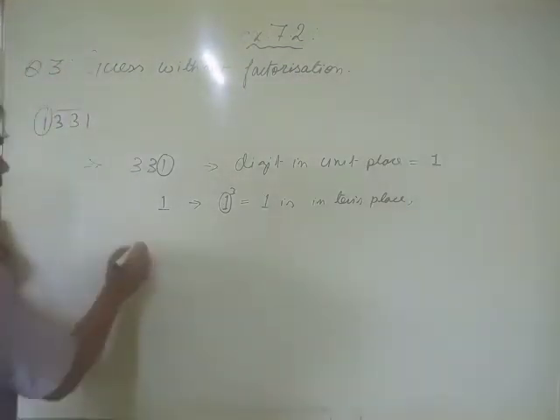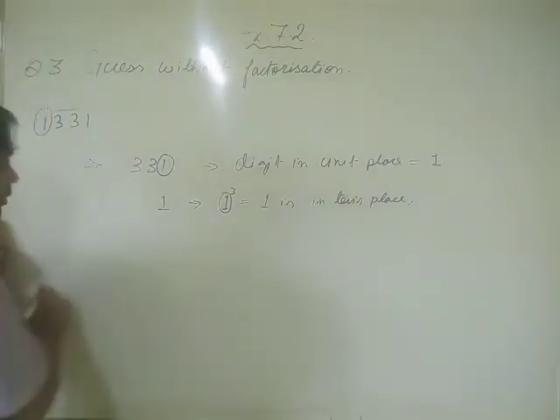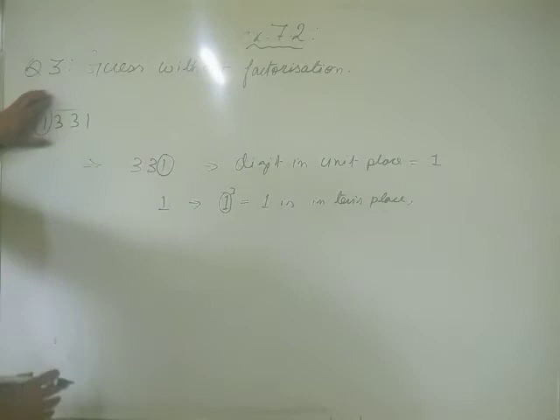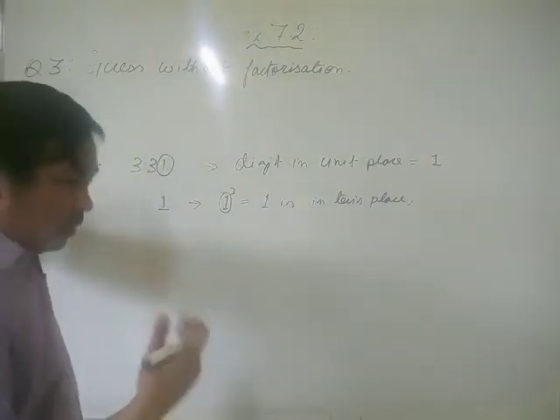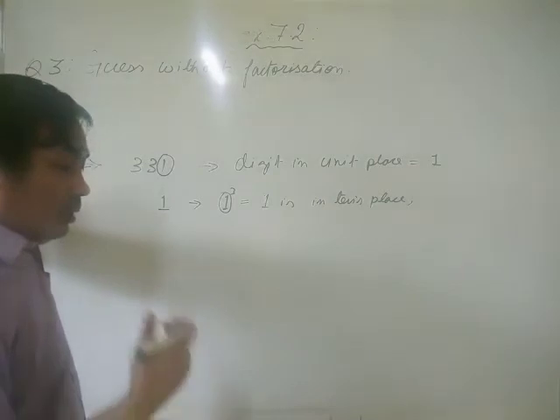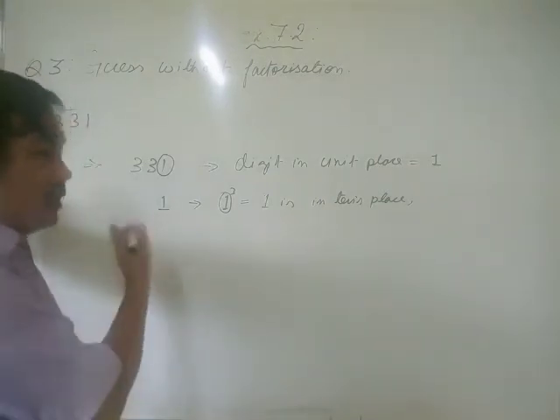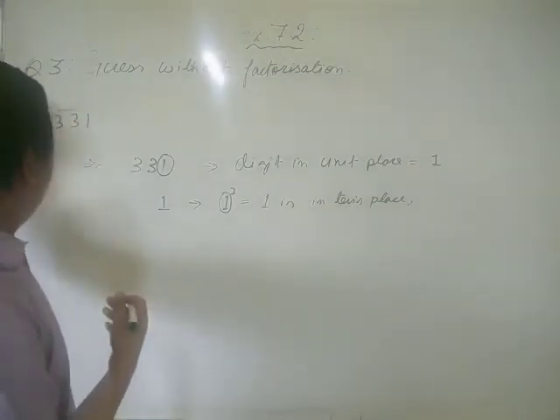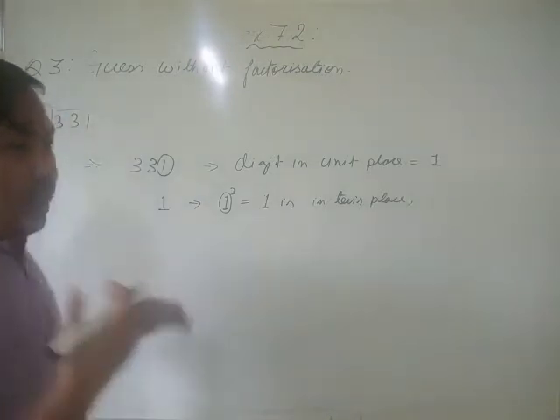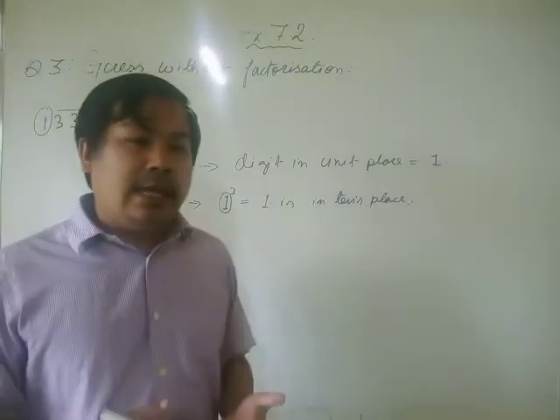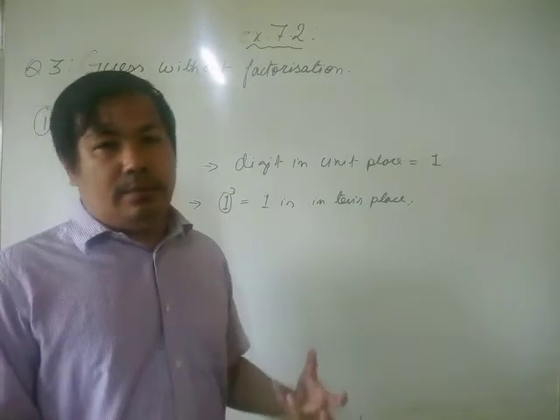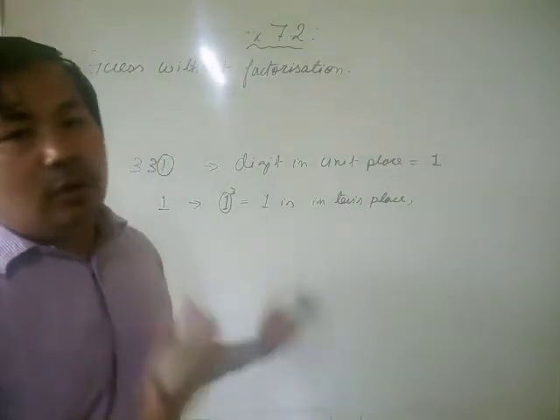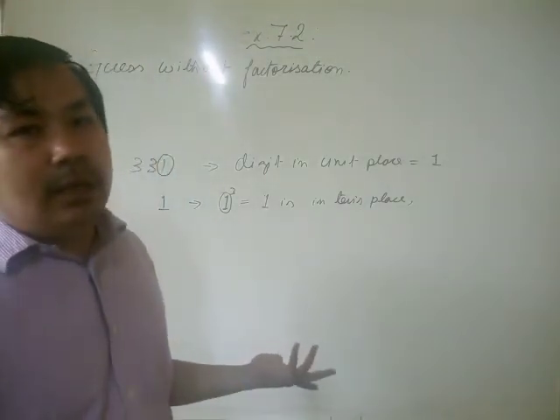Actually, we have to find the remaining digits made by the digits left after we strike off these three. Only 1 remains, isn't it? We have to find that this number lies within the cube of which number, but here it is 1, so there is no other number to find.